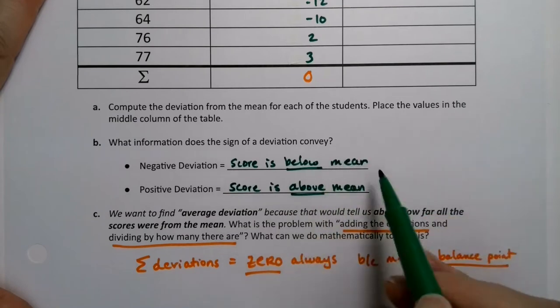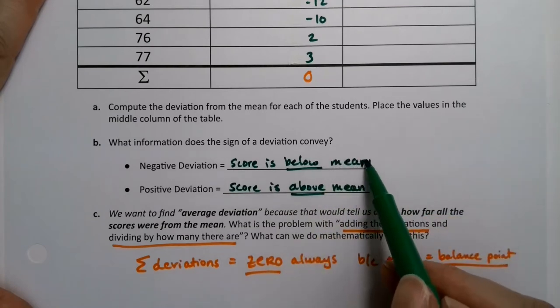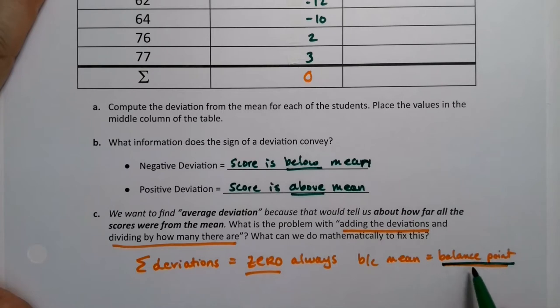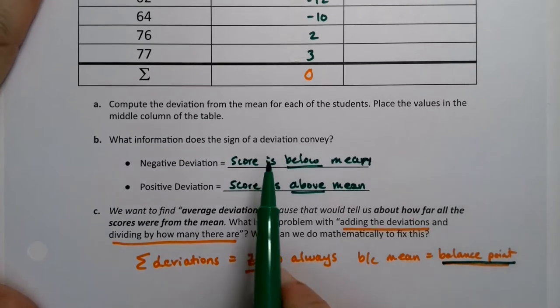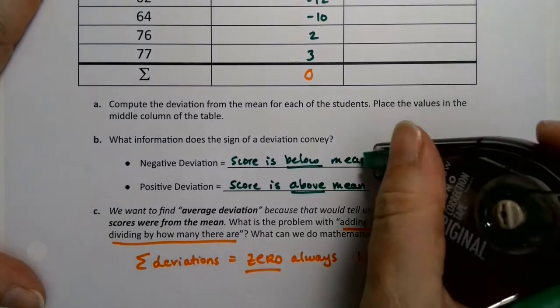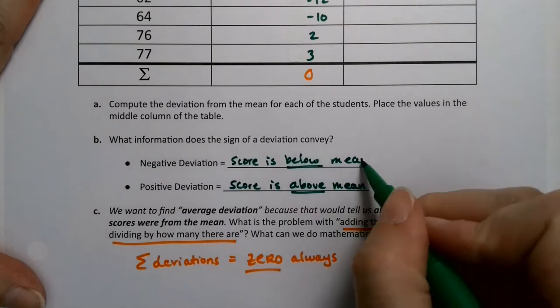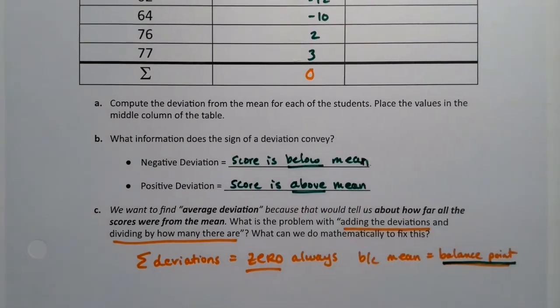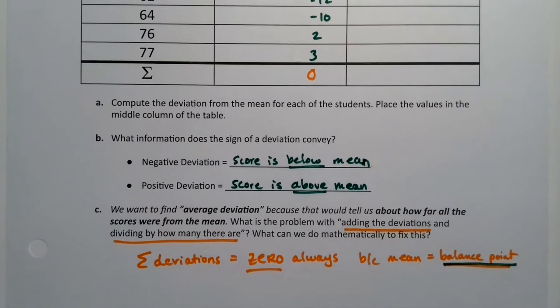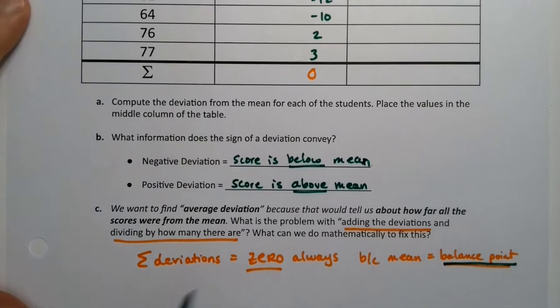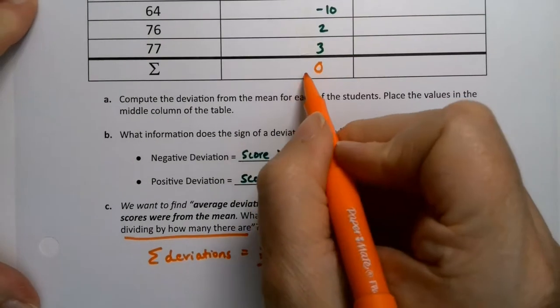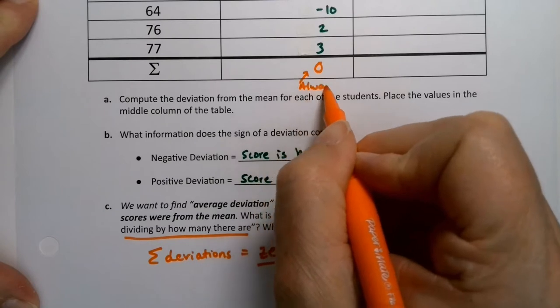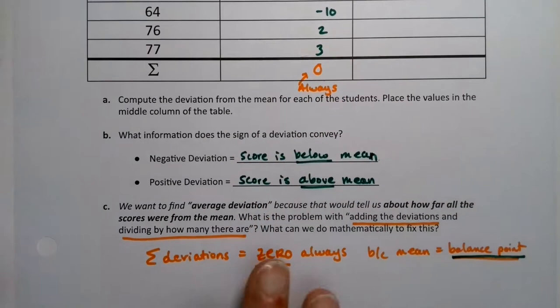And so what's happening is that they balance each other out. Because the mean is the balance point, the above the mean and below the mean will balance each other out and cancel out. So then the question becomes, if this is always going to be 0, always going to happen, because the mean is the balance point.